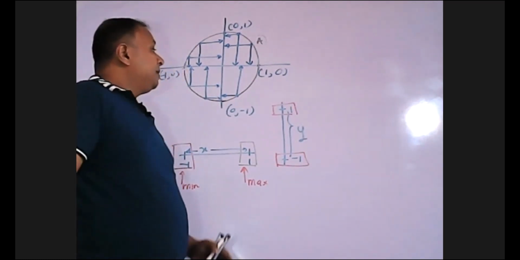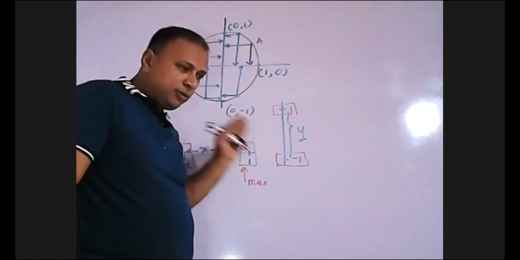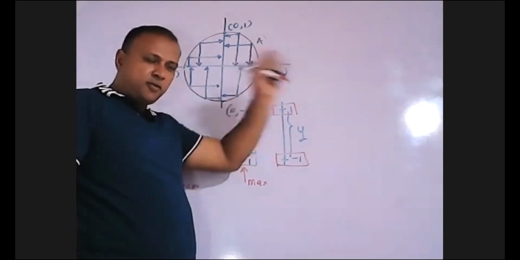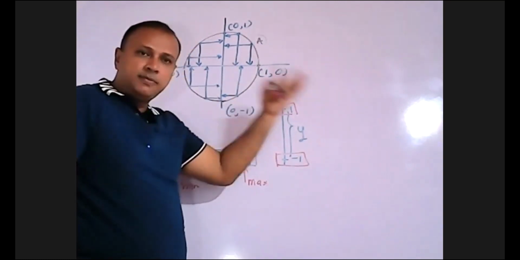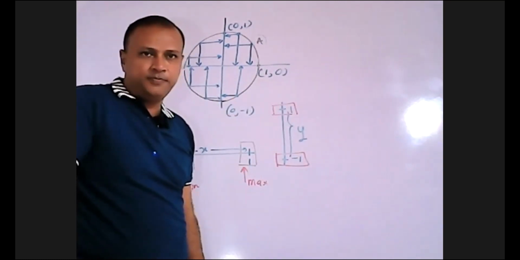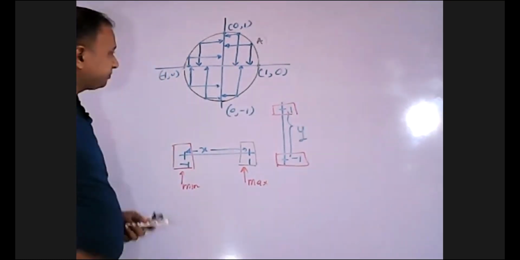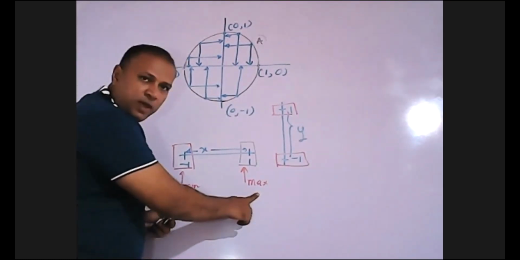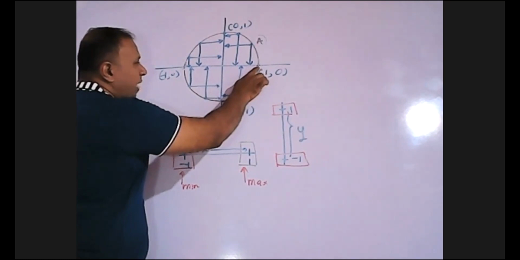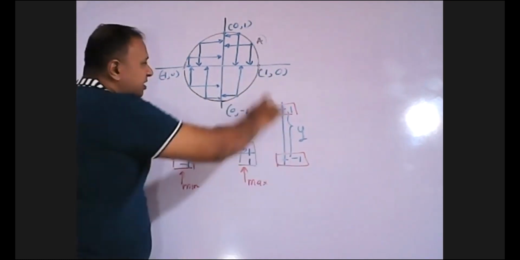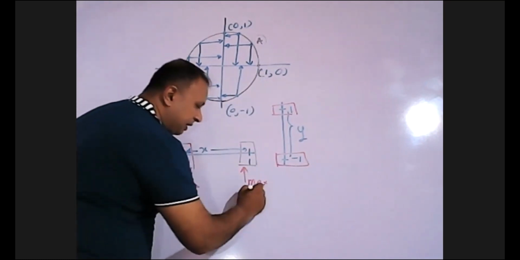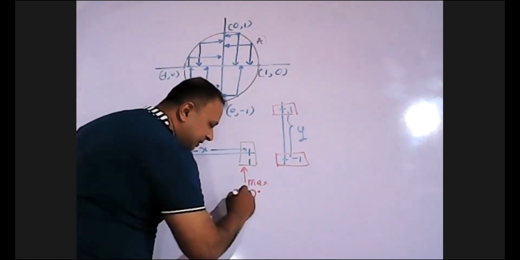Thank you. Because you have to remember this one: the maximum cos value and minimum cos value, the maximum sine value and minimum sine value. The maximum cos value comes at this point, that means when theta is equal to 0.